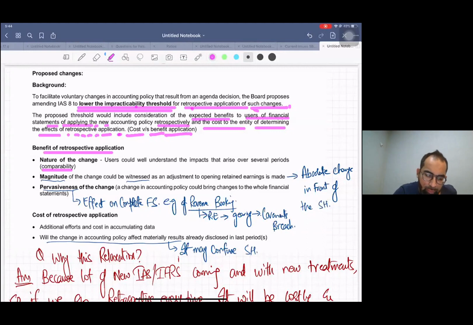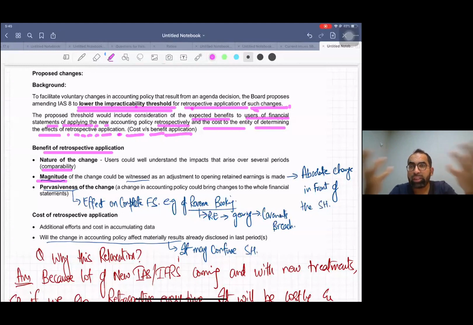Number two, magnitude of the change. You all know that retrospective application means you adjust opening retained earnings. And when you adjust opening retained earnings, you report an absolute number to the shareholder, that because of this policy change, your retained earnings went up or down by this amount, this $1 million.